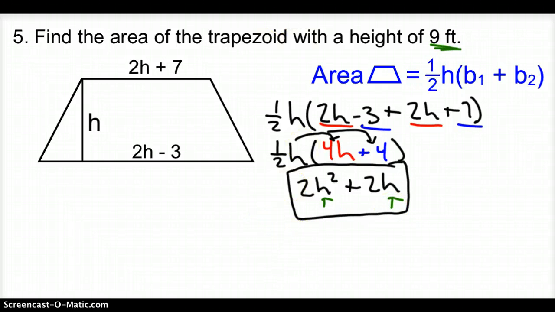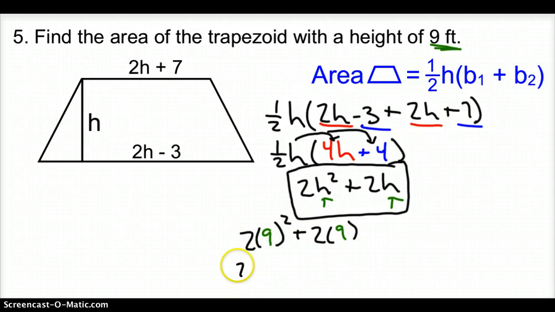So we have 2 times 9, and that 9 is squared, plus 2 times 9. Close it up. Now I'm going to keep going with this, so it's 2 times, now 9 times 9 is 81, plus 18.